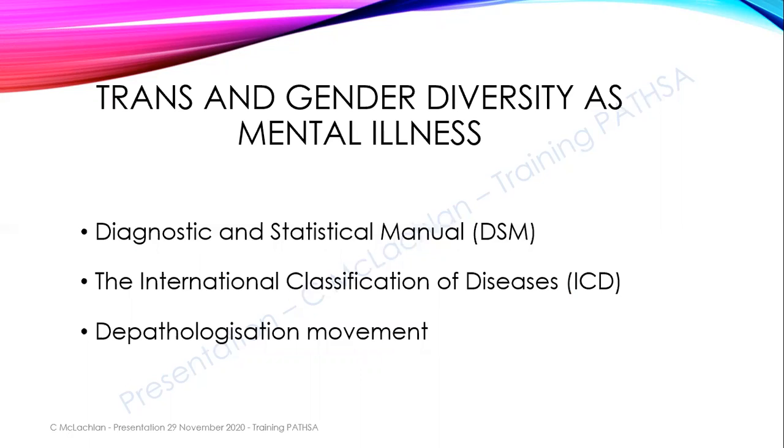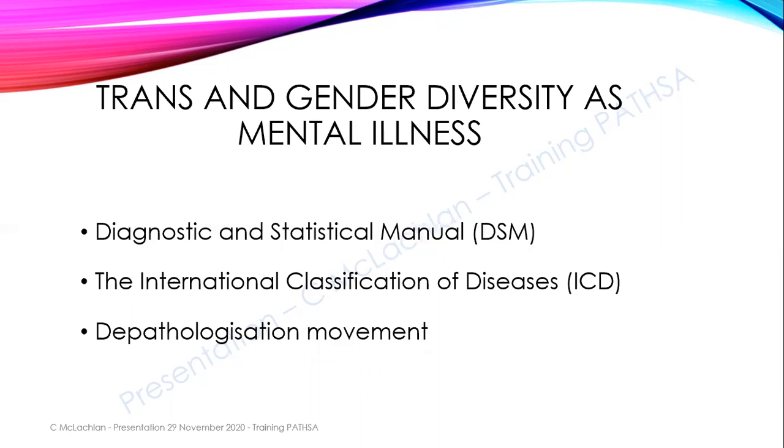The one is the Diagnostic and Statistical Manual, the DSM, and we know that it's quite American-based. And then we have the ICD, that is driven by the WHO, World Health Organization.